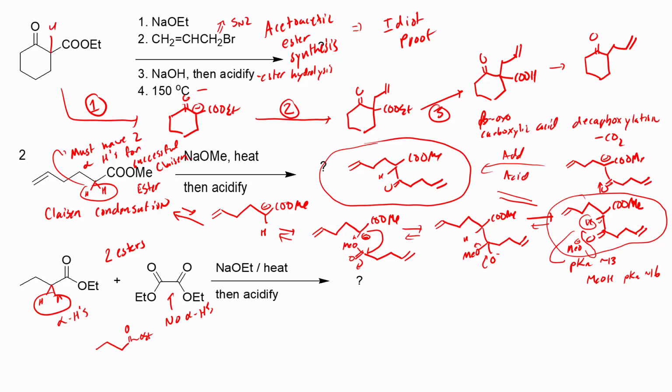Okay? If we follow the reaction that we have above it, okay, same thing is going to happen. It's just that there's now a different ester. Okay, so we're eventually going to make, OEt. We're going to add there.